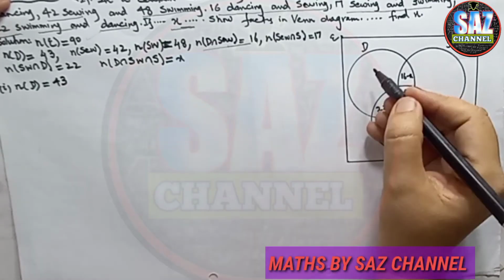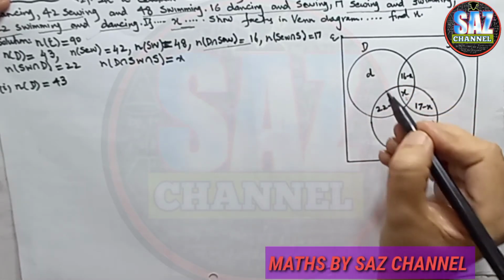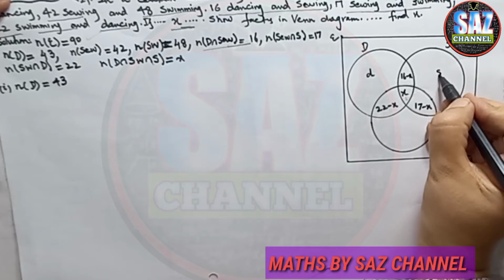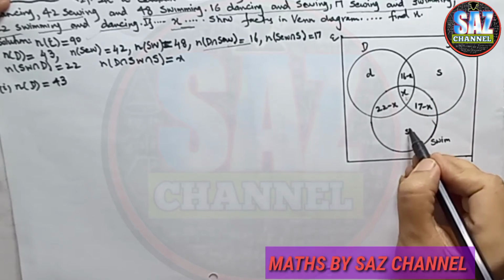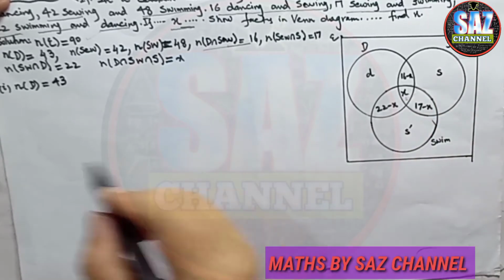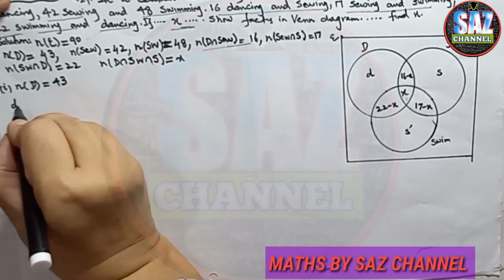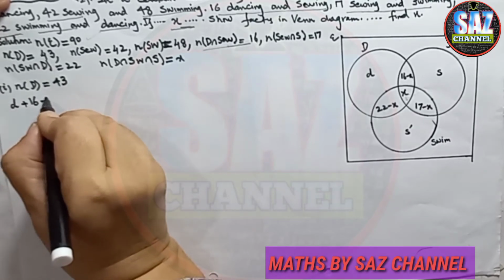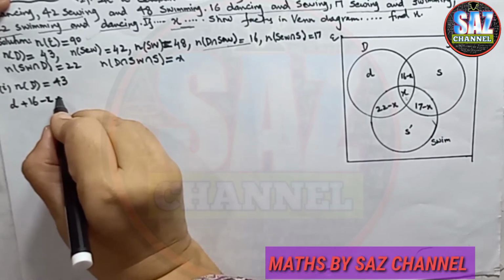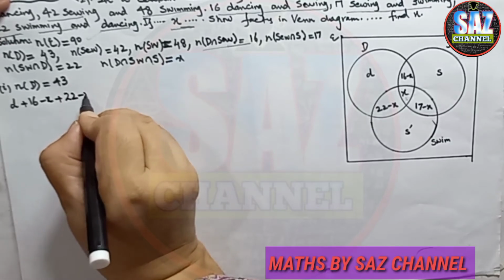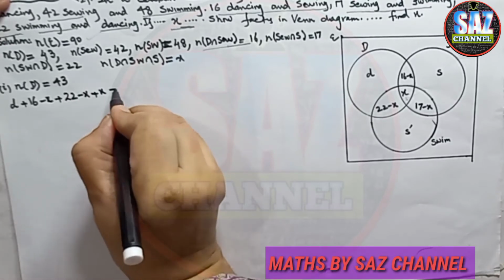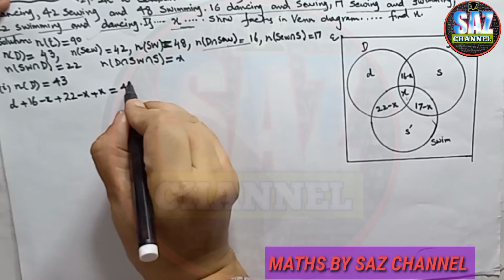So we can mark it with small letter D, and this can be S and this can be S dash for the differentiation. Now D plus 16 minus X plus 22 minus X plus X will be equal to 43.